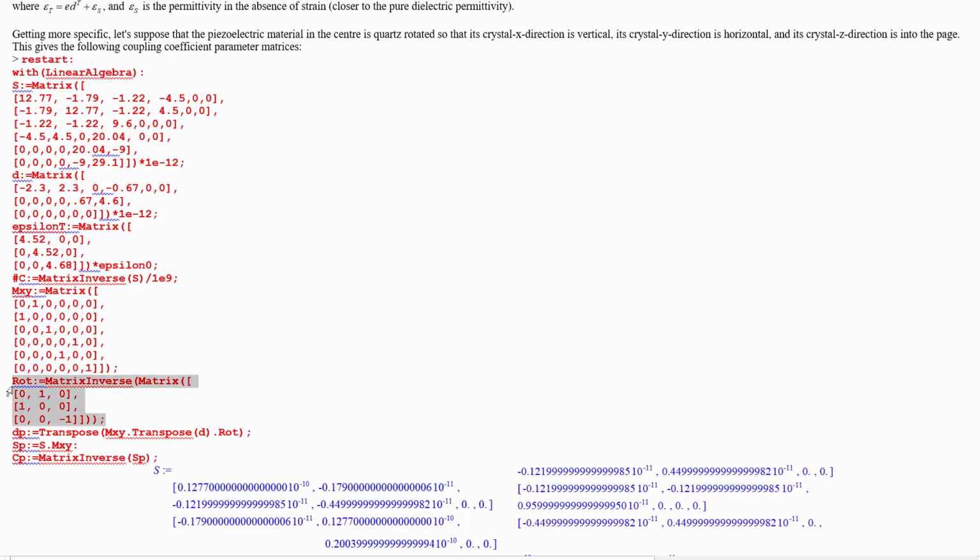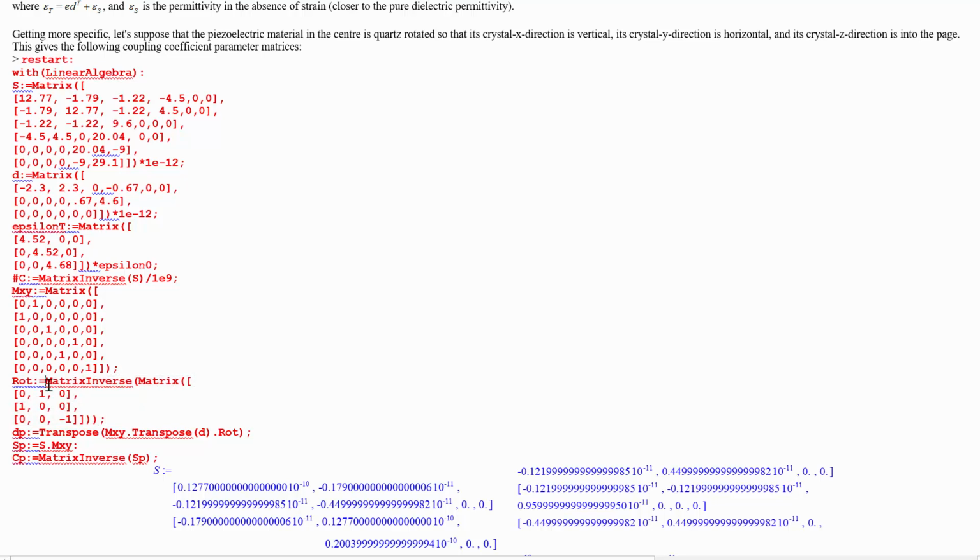This involves taking a rotation matrix, or really transformation matrix, which you can get by thinking about what would happen to I hat, it's going to go to Y, J hat, it's going to go to X, and K hat, it's going to go to negative K. And then applying the inverse of this matrix, it's an involutory matrix, it's its own inverse.